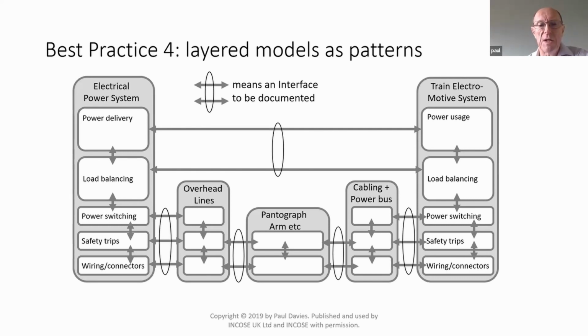Then we can add the intermediate systems at a lower level for the overhead lines, pantograph arm itself, for example, and the cabling and the power bus. And that works just as well for energy and mass transfer as it does for information.